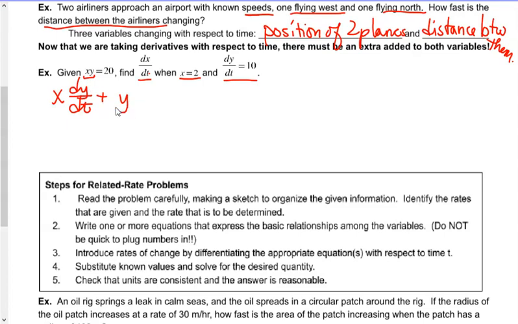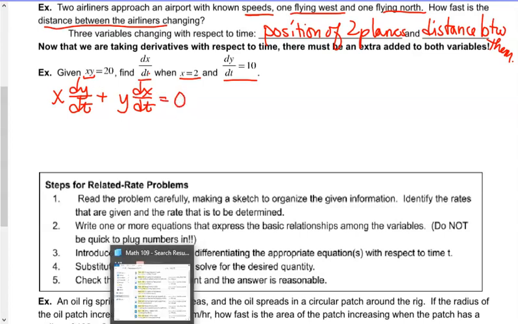The derivative of the first is 1, but it is with respect to time, so it would engage one of those implicit pieces of dx over dt. Now, that has to equal, in my equation, 20. Well, the derivative of 20 is 0. So at this point, we have the calculus that is done.